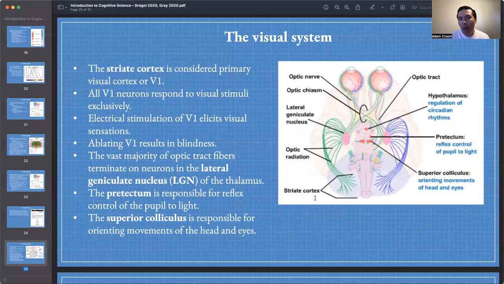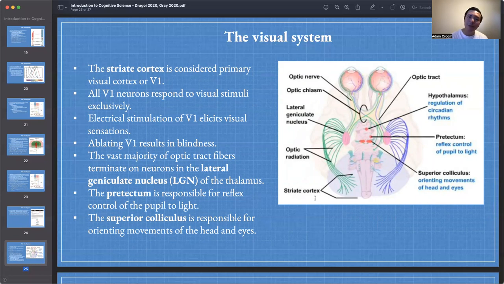So we touched upon this briefly, but V1, or visual cortex, we know that's in the occipital lobe. This is also called the striate cortex. All V1 neurons respond to visual stimuli exclusively. Okay? That's why we call them V1. This is the primary visual area.